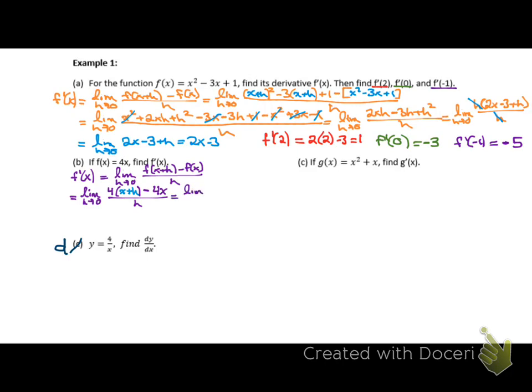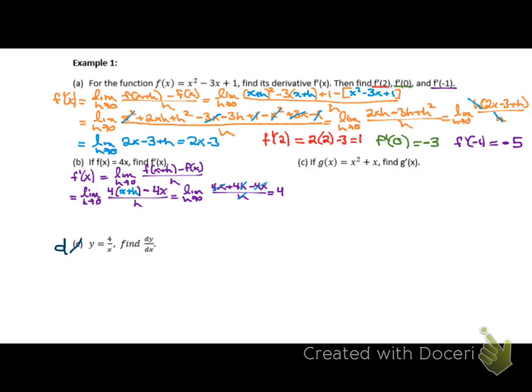So we have the limit as h approaches 0 of 4x plus 4h minus 4x all over h. Well, you can see right now 4x minus 4x is 0, and so we have h over h. Well, h over h cancel too. So we're really just finding the limit as h approaches 0 of 4, which ends up being 4. That's it. That's the answer.